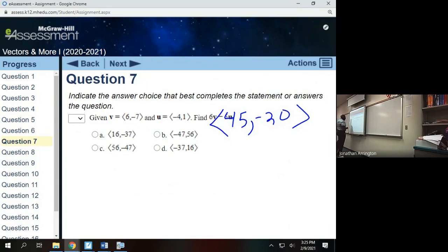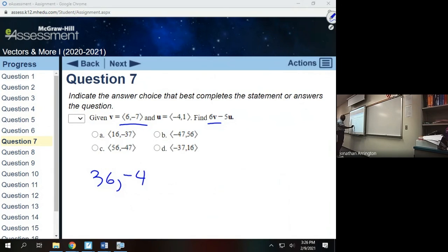My last example, people do make mistakes on. And I'm going to show you what exactly they do. So here I got 6v minus 5u. So I obviously got to multiply v by 6 and u by 5. That's obvious. And then I can subtract them. So, okay, 6v, so here's v, so that's 36 comma negative 42.